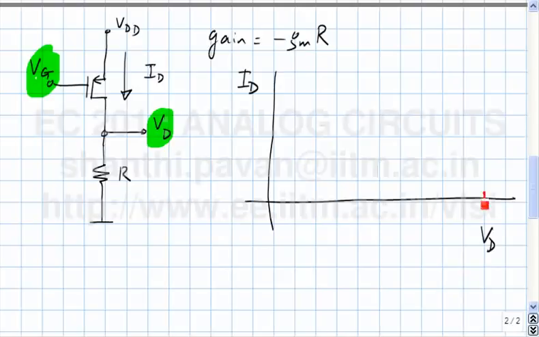Let's call this V_DD. So when V_D is V_DD, the drain current of the transistor would be 0. At what region of operation would the transistor be at that time? If I push V_D to V_DD, what current will flow through the transistor? We agreed that the current through the transistor will be 0. And what region of operation is the transistor in now? The triode region. Let's do the other thing, which is when V_D becomes 0.